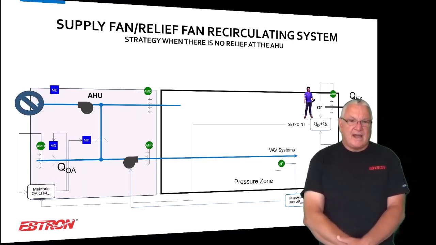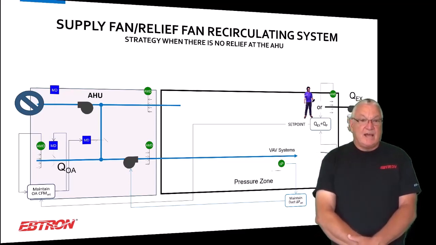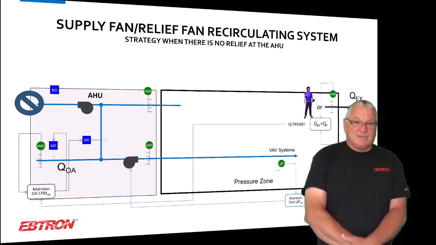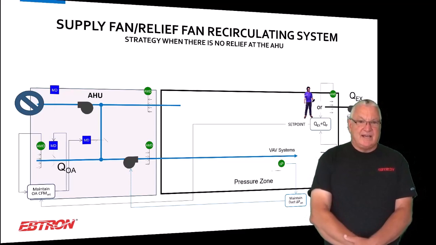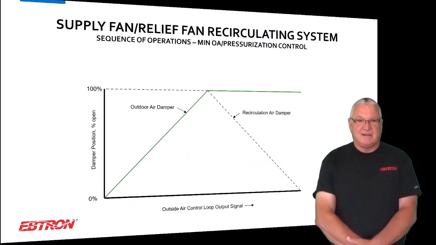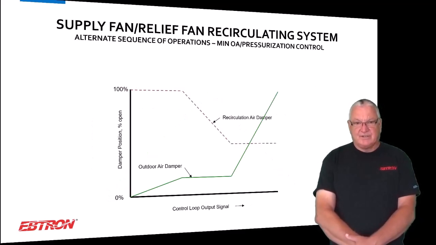If I don't have any relief at the air handler, well, I don't have a return fan to be my friend, but then I also don't have a return fan to be my enemy. So I'm just going to be modulating the outside air and recirculation air dampers to maintain my set point. It's pretty straightforward. It's just a sequence, just like we talked about before, and that'll maintain your set point.